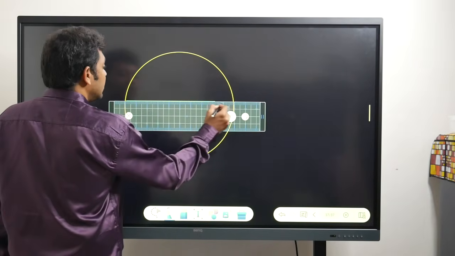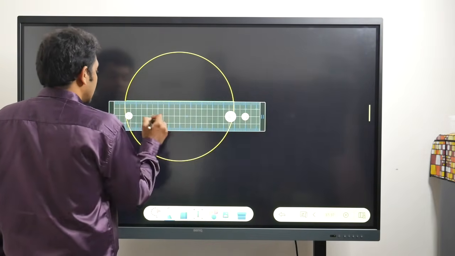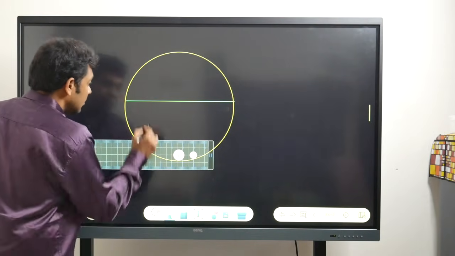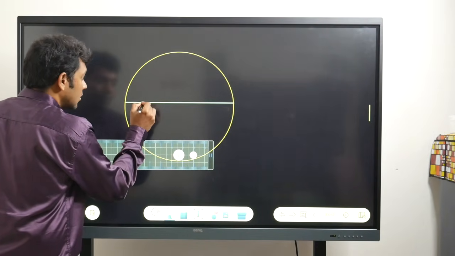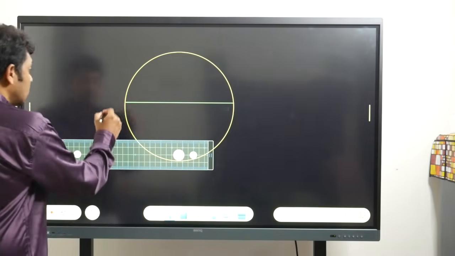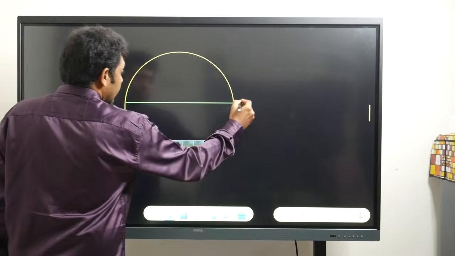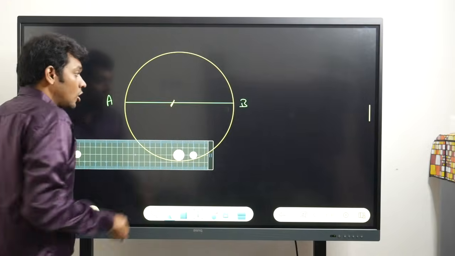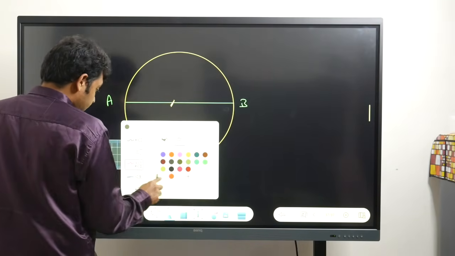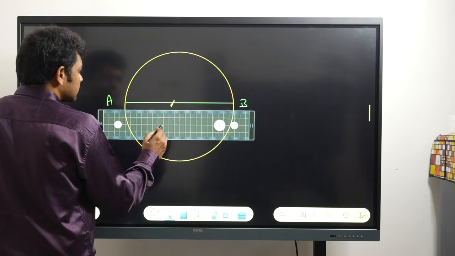If I have to define a chord, it is nothing but a line segment joining 2 points on the circle. So here AB is a chord. If the center lies on the chord, it's called the diameter. Diameter is the longest chord.